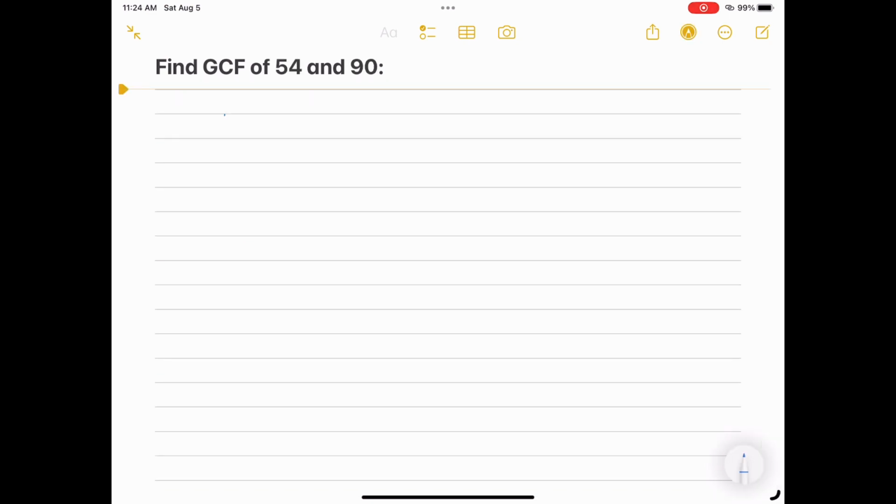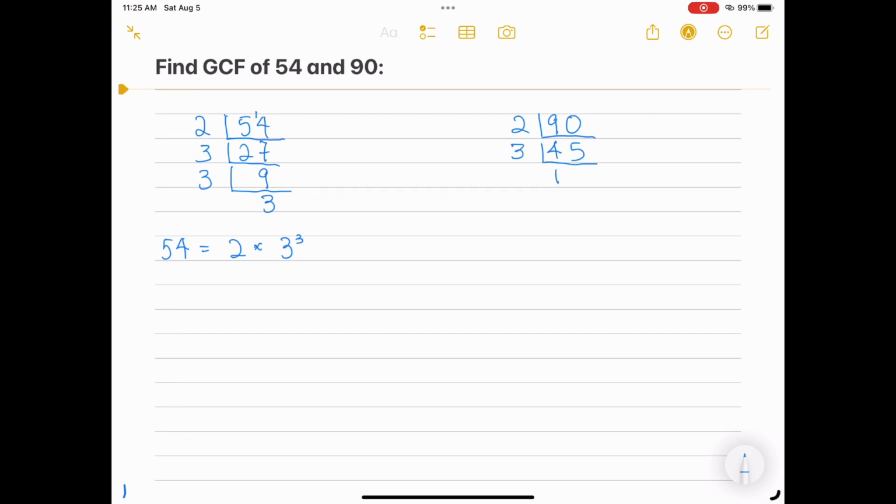Find the greatest common factor of 54 and 90. Once again, we do the prime factorization of 54 and the prime factorization of 90. Prime factorization of 54 is 2 times 3 to the third power. And now we find the prime factorization of 90, which is 2 times 3 squared times 5.